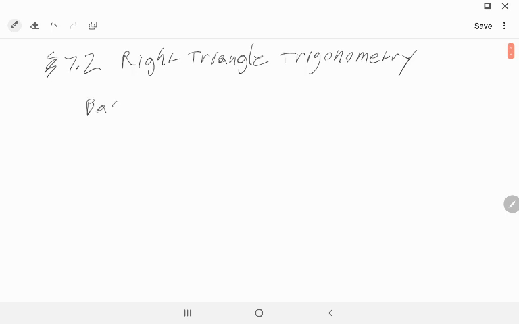So we start with the idea of basic trigonometric ratios.